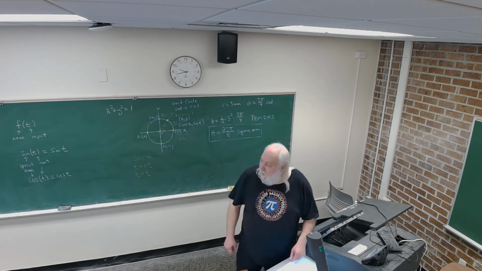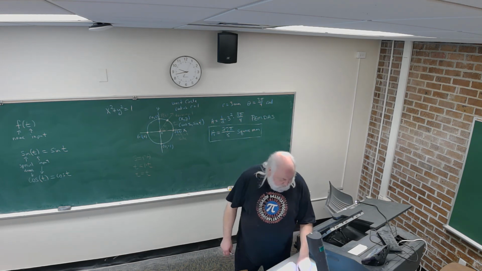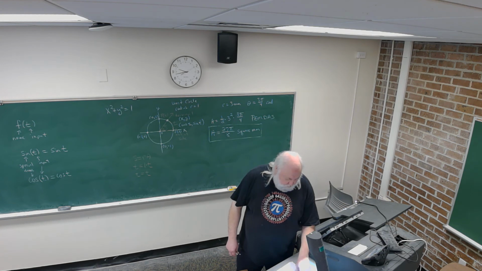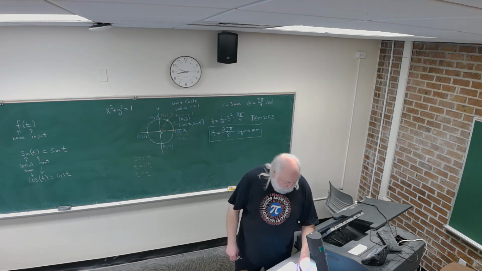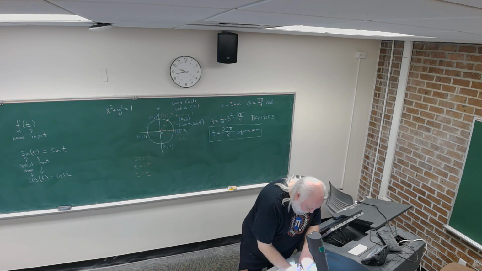All right, another characteristic of the sine and cosine functions. The signs of the function values, sine t and cosine t, are determined by the quadrant in which the point P of t lies. When we talk about the signs of the function values, we're talking about positive versus negative.